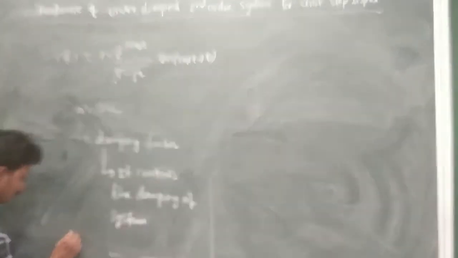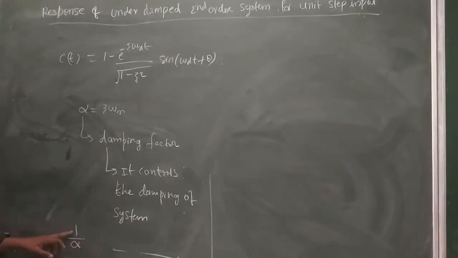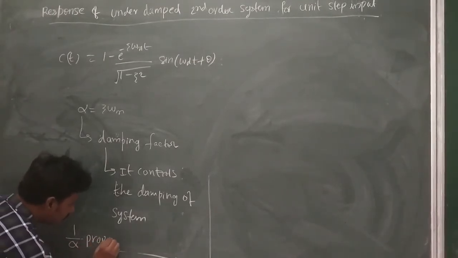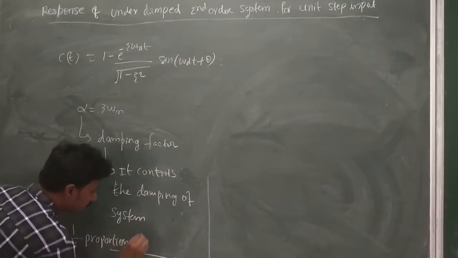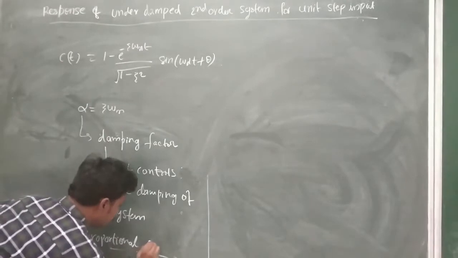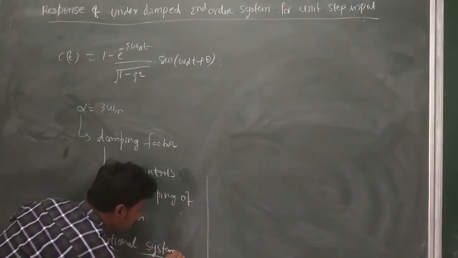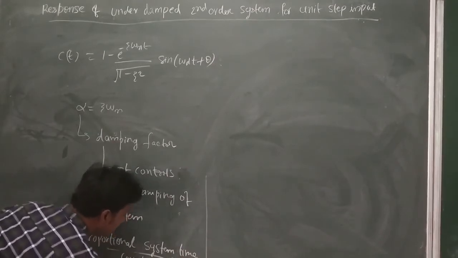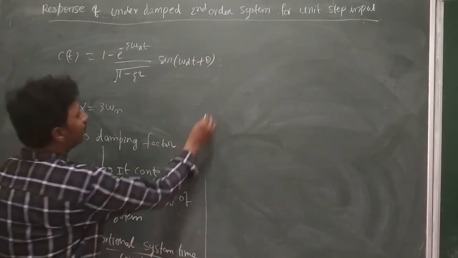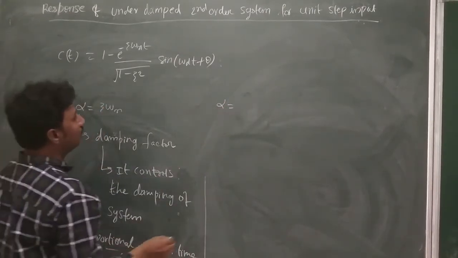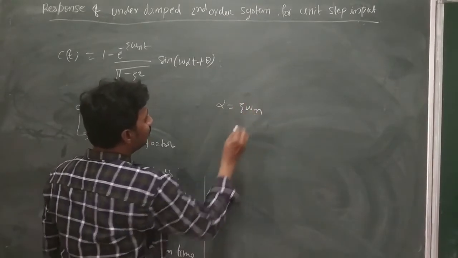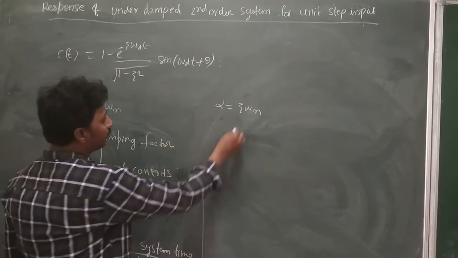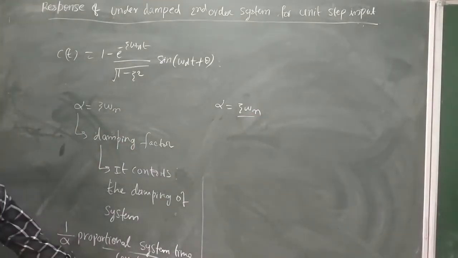And you also see that the reciprocal of alpha, 1 by alpha, is proportional to the system time constant, where alpha is equal to zeta omega n.